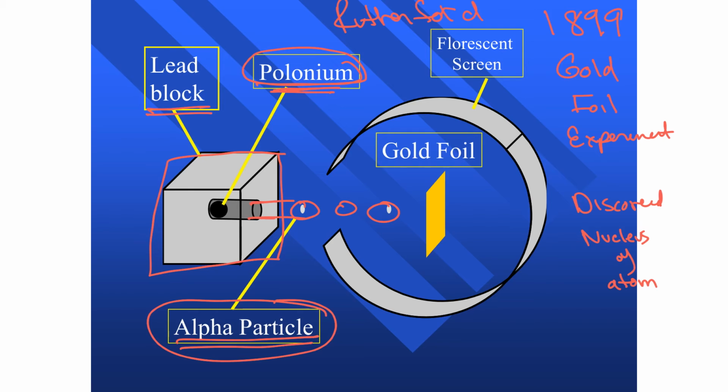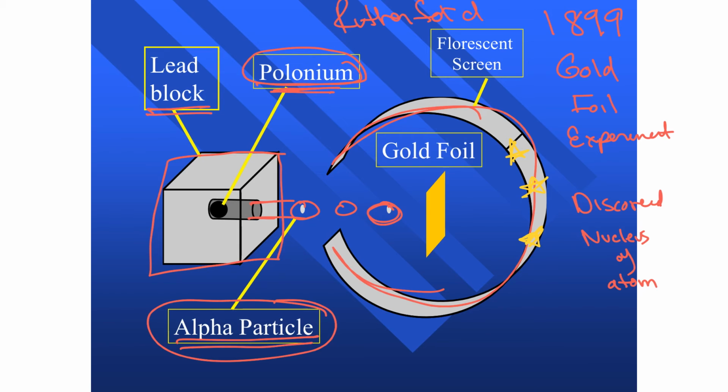And he had where these little alpha particles would hit this fluorescent screen, they would make kind of a glow every time they hit this kind of photographic paper. It would make a glow, so they could see where these alpha particles hit.